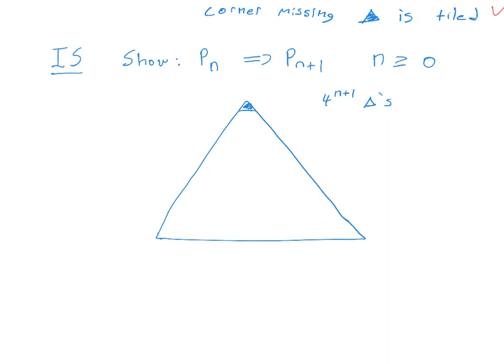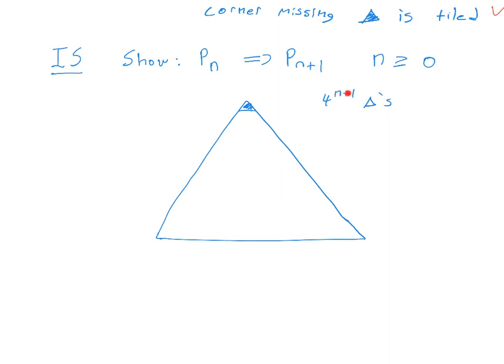Well, if you were just doing a direct proof and you didn't have anywhere to begin, I guess you'd have to start by just shoving in trapezoidal shapes and seeing if you could fill it up. But of course, we're trying to do this for n in general, and that wouldn't really work because you'd have to continually do that over and over and over for all n values. But in this method of proof, we know that p sub n can give us a proper tiling of 4 to the power n triangles.